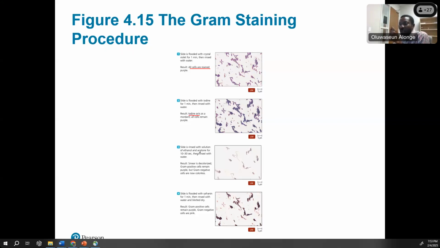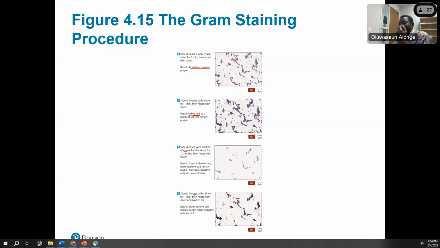The next thing, you wash it now with ethanol. What ethanol is going to do is wash off all the excess purple, all the excess crystal violet. What do we mean by excess? The ones that are not really absorbed by the gram-positive cells. All right. So next, you notice it has washed off completely the excess one here.